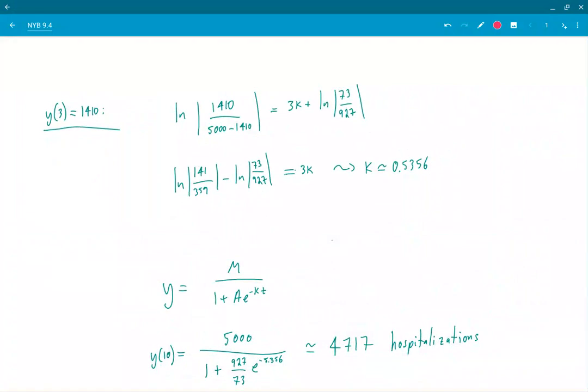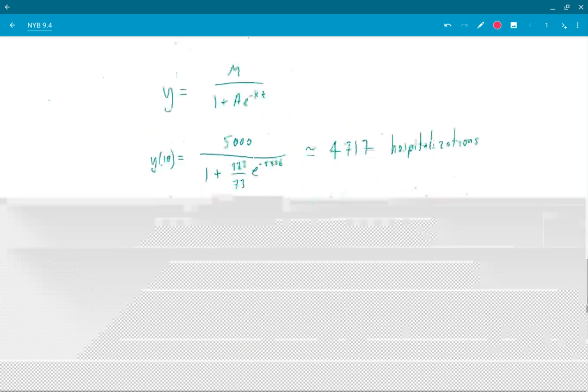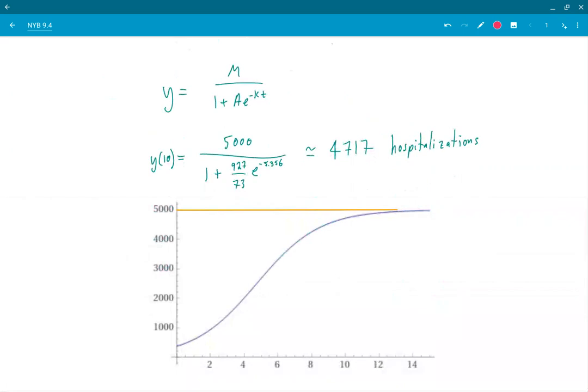All right, now this gives me, finally, a much more reasonable model. Given here in symbols, I have A, it's above somewhere. I have K, it's right here. M is 5,000. So now after 10 weeks, this model is going to give me a much more reasonable result. So here's what the graph would look like.